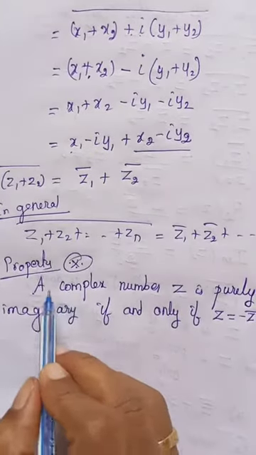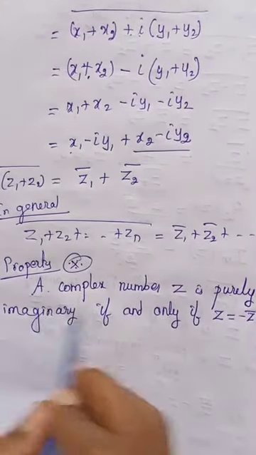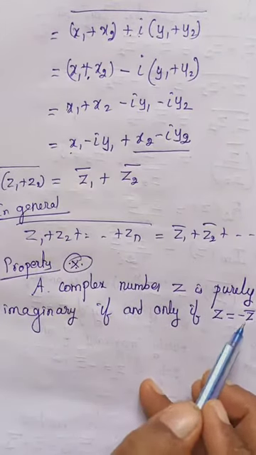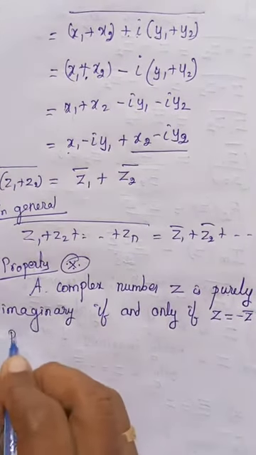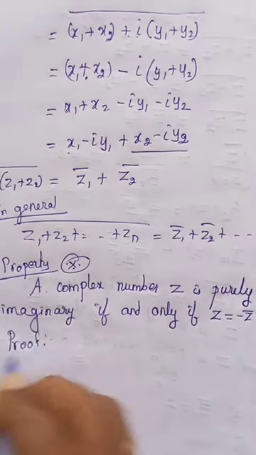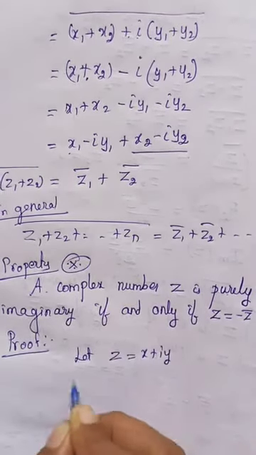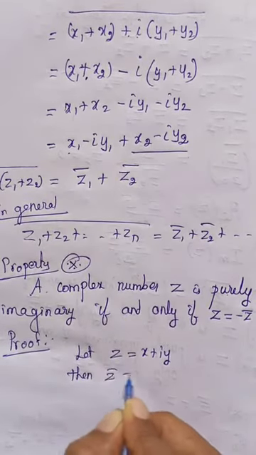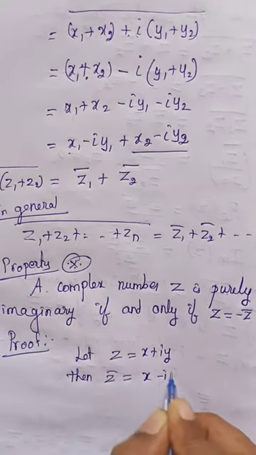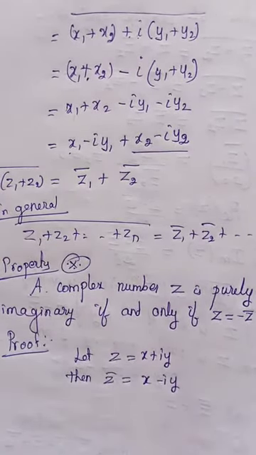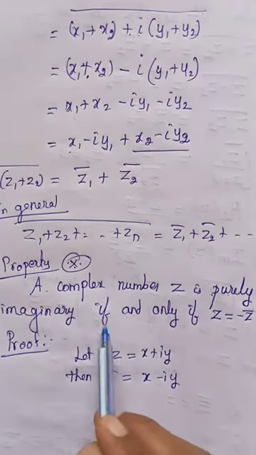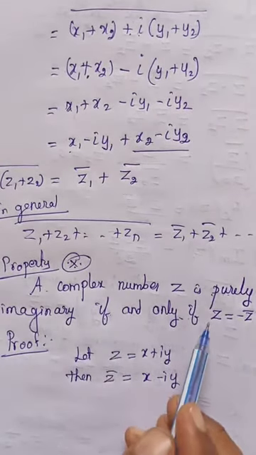See the next property: a complex number z is purely imaginary if and only if z is equal to minus z bar. Important. Let z equal x plus iy. Then what is z bar? We know that is x minus iy. Since it is if and only if, both directions we should prove.